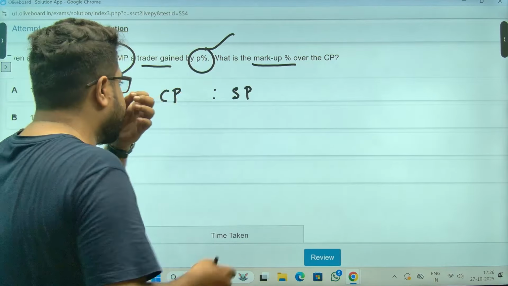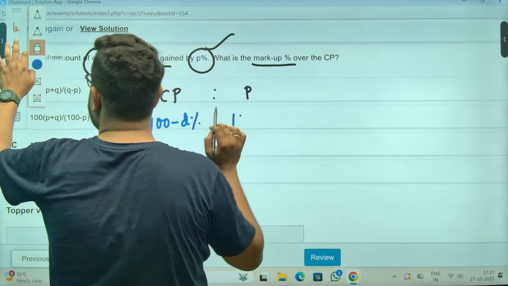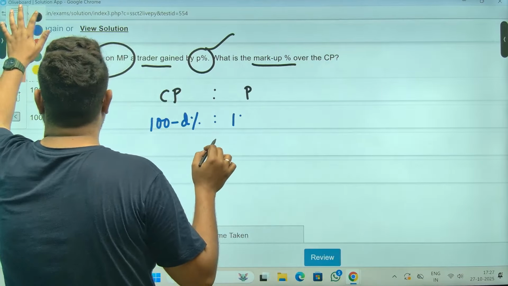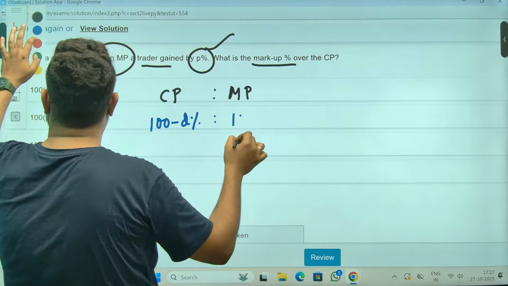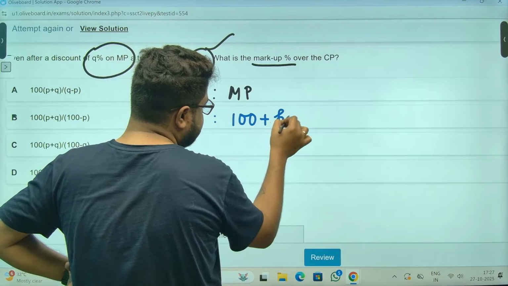Sir, CP, this is 100 minus discount percentage, and SP is always this. Sir, MP is 100 plus profit percentage.